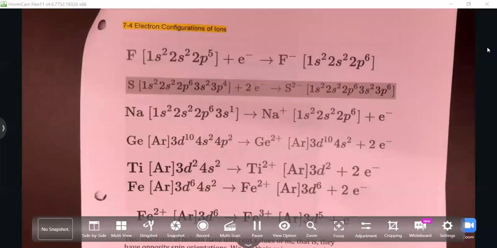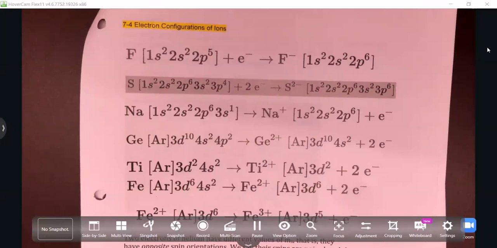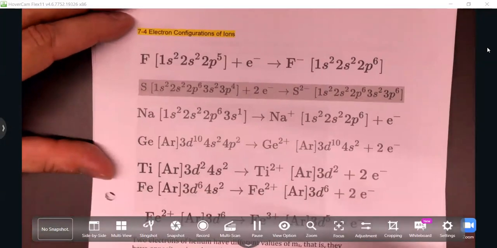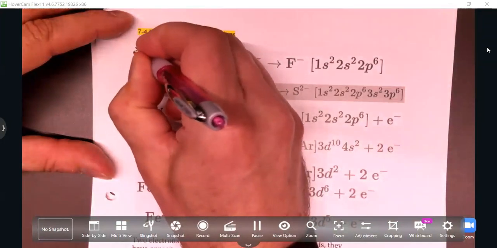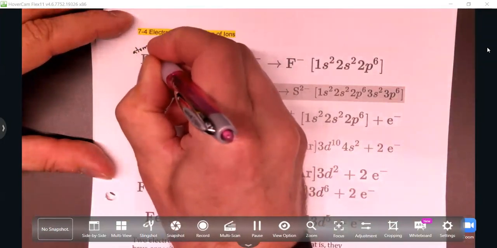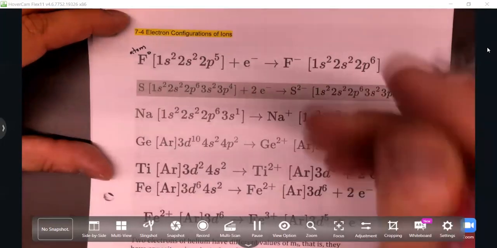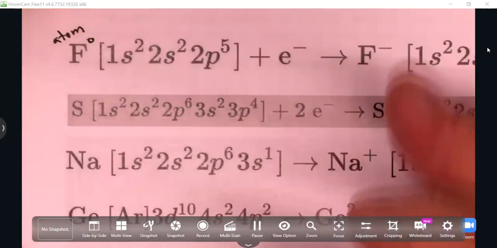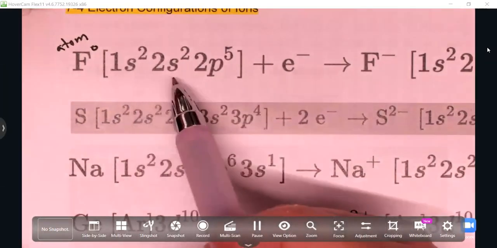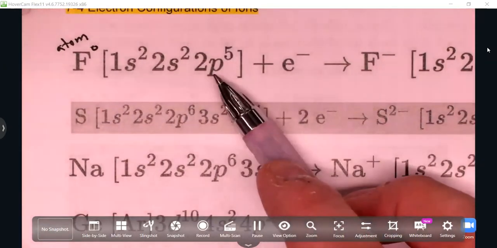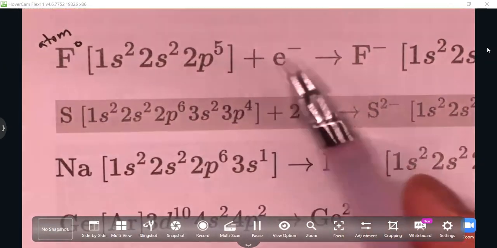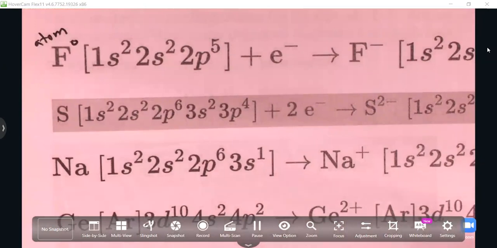Electron configuration notation of ions. First of all, this is the fluorine atom that does not have a charge. 1s2, 2s2, 2p6. What does fluorine want to do to become more stable?